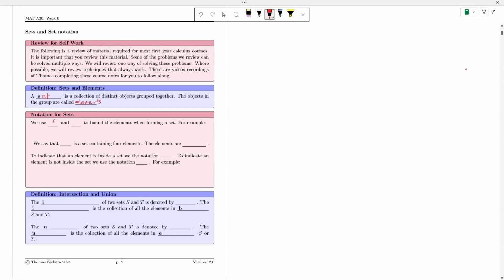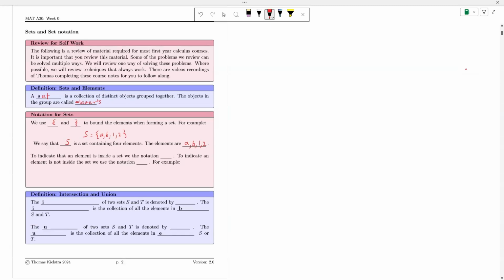We use open curly bracket and close curly bracket to bound the elements when forming a set. For example, S equals the set containing A, B, 1, 2. We say that S is a set that contains 4 elements. And the elements are A, B, 1, 2.